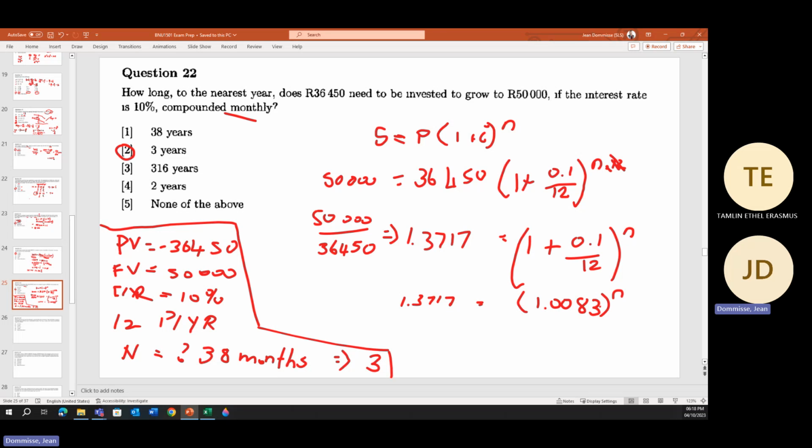Or if it's open book, I will quickly also share where this is in the study guide.